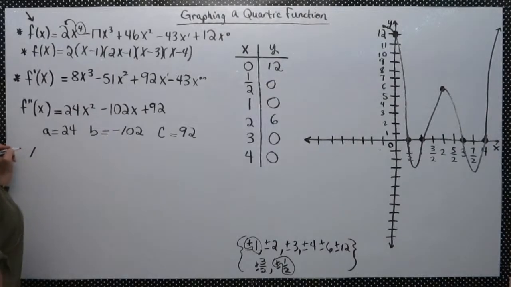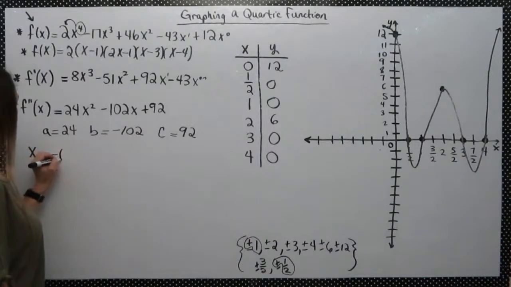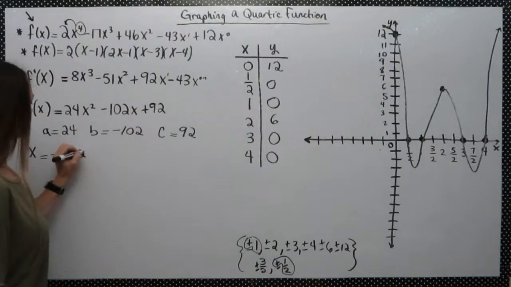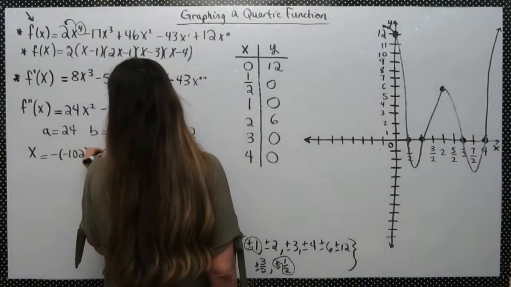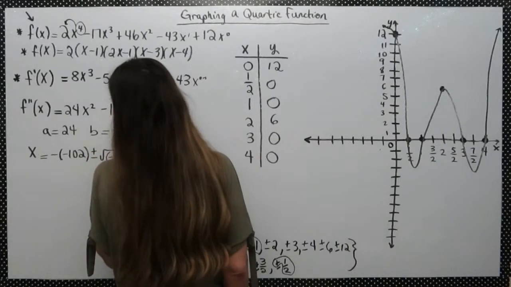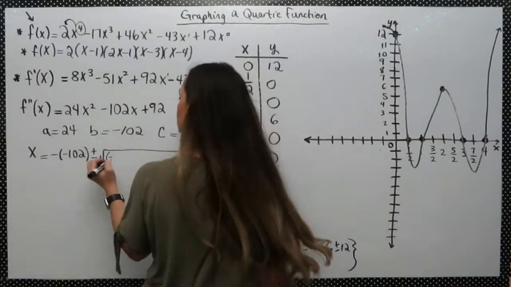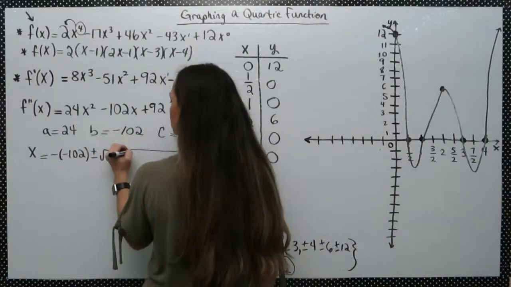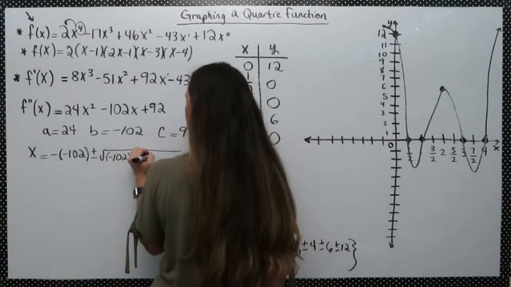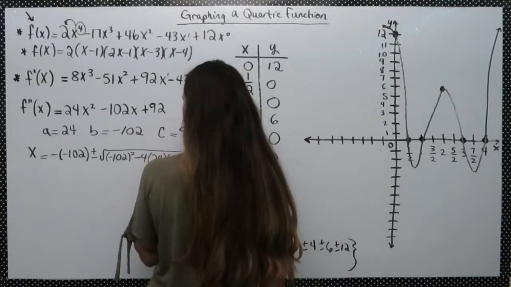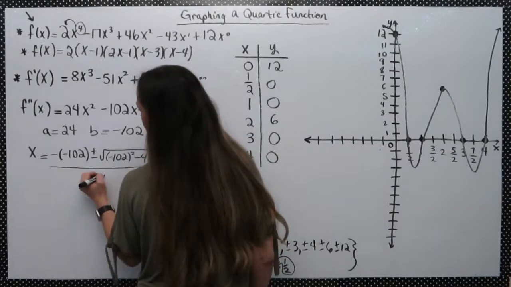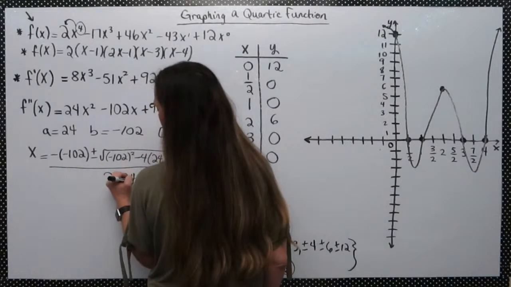And we have x equals negative b plus or minus the square root of b squared minus 4 times a times c, all over 2 times a. All right, let's see what we got.